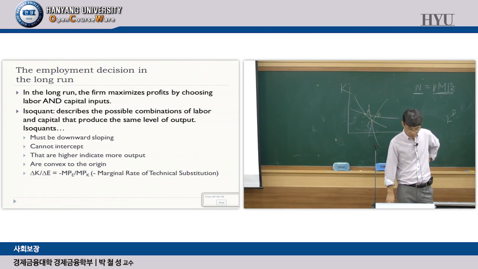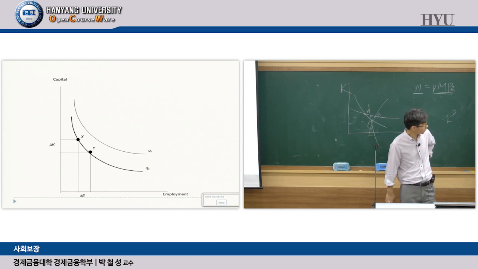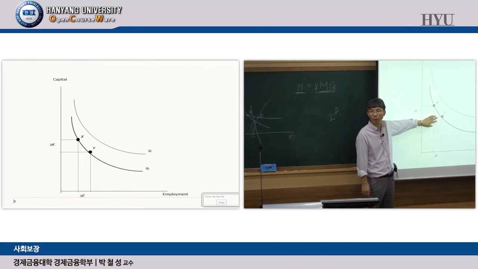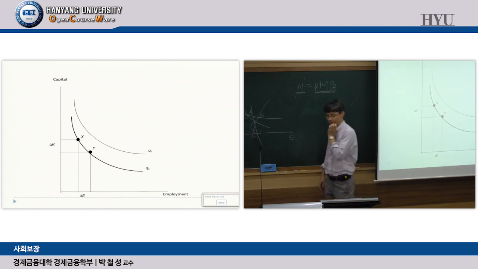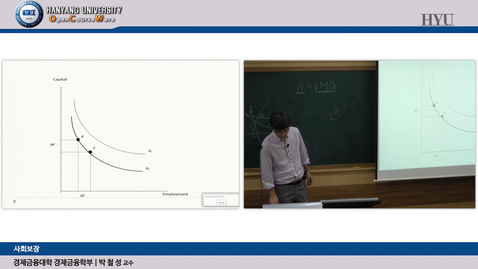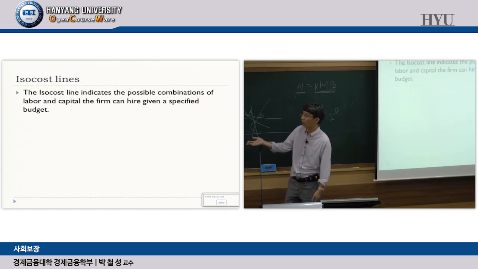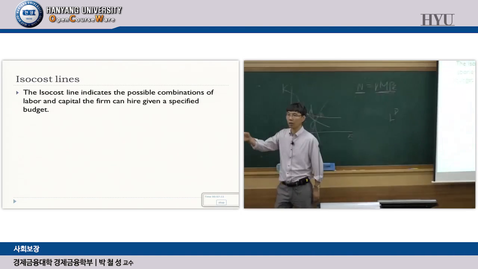Okay, so that's the basics of the isoquant curve. So the isoquant curve is going to look like this, and the slope just gives us MPL over MPK. Now, isocost lines. Isocost just means equal cost.